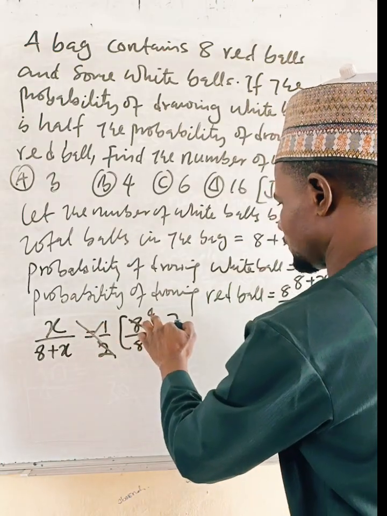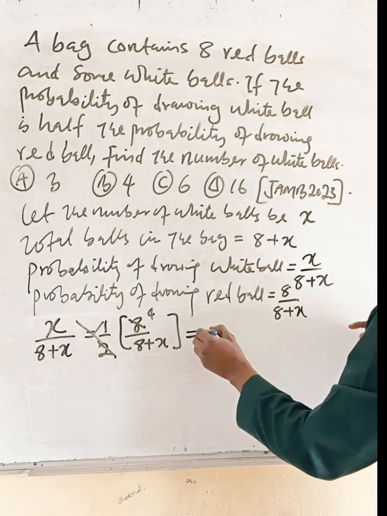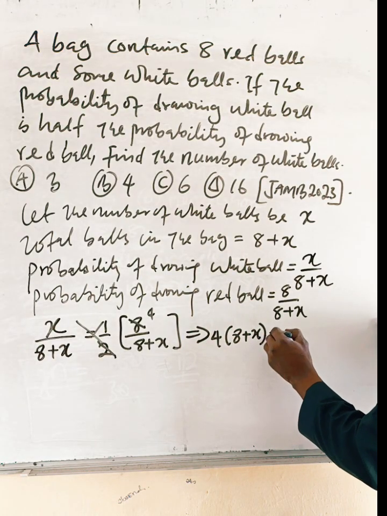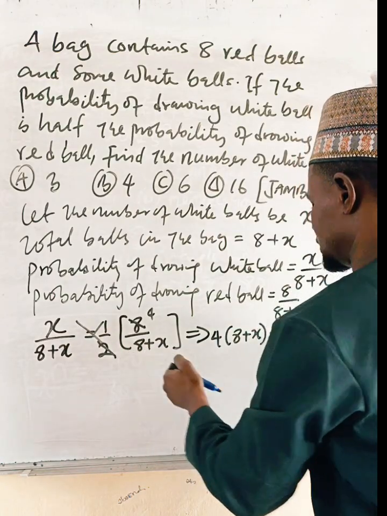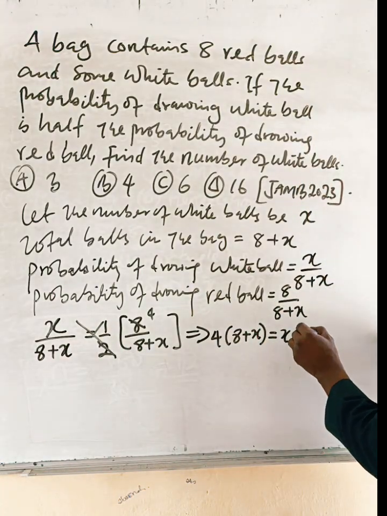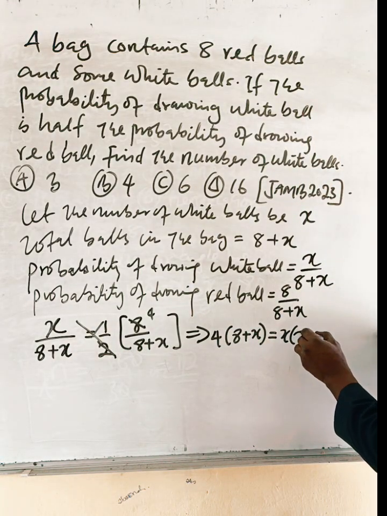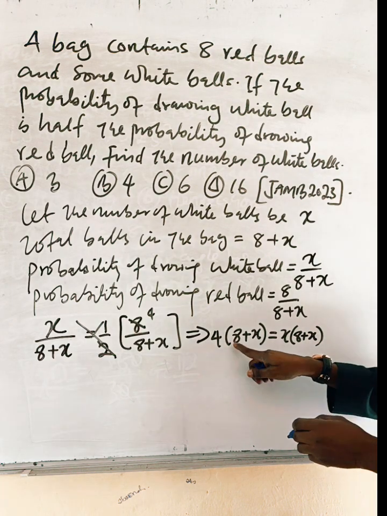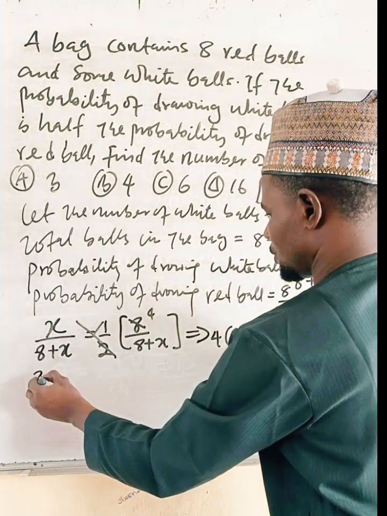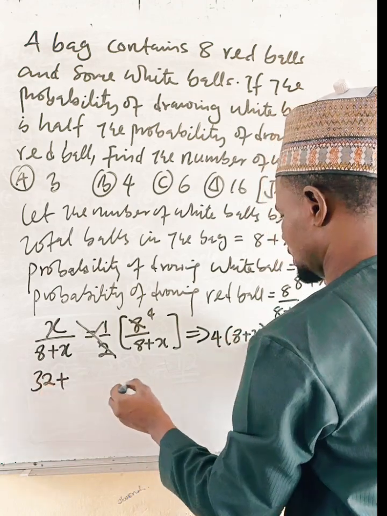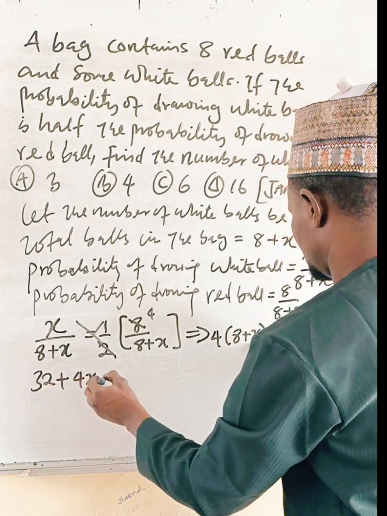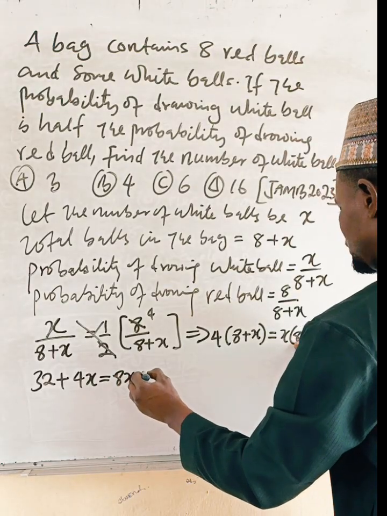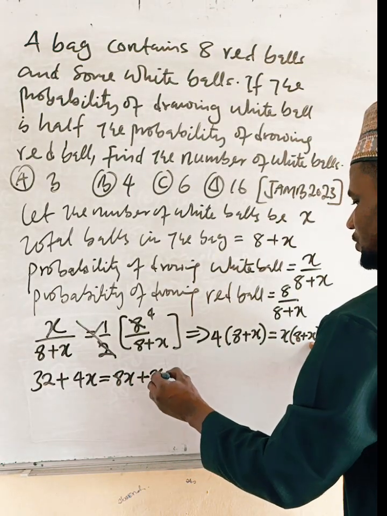After cross multiplying, we have 4 bracket 8 plus x, equals x times this, x bracket 8 plus x. We now expand this bracket. 8 times 4 is 32, 32 plus 4 times x is 4x, equals x times 8 is 8x, plus x times x is x squared.